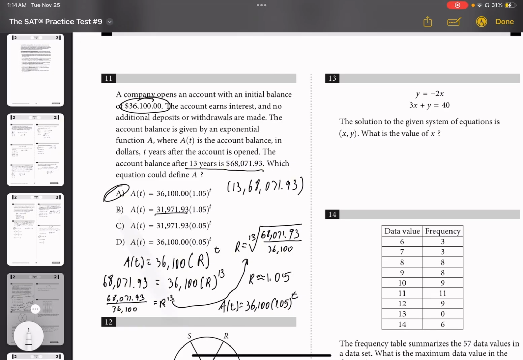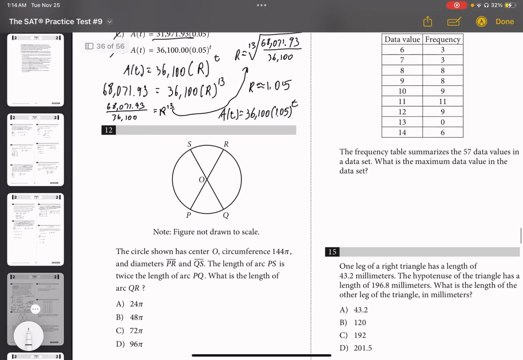We know that initial value isn't this, so this isn't the correct answer. Same applies to this answer. And for this answer, we know that the rate is going to be positive since it earns interest, so it's also not going to be that answer. I just showed you this process for the purpose of a harder problem maybe showing up on the real test and you being able to solve it in that scenario.